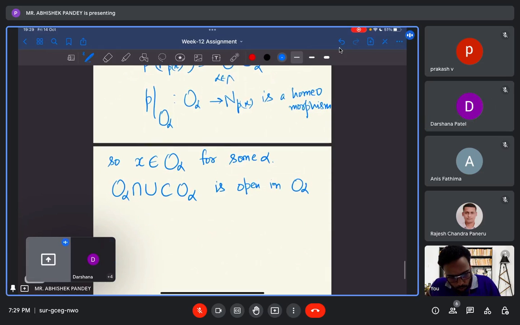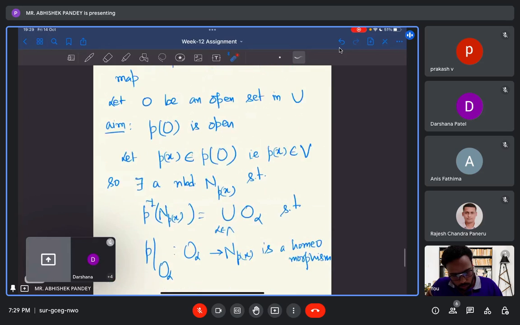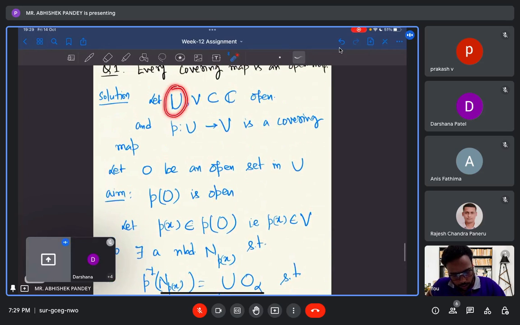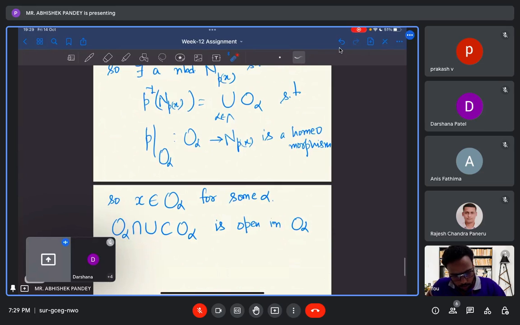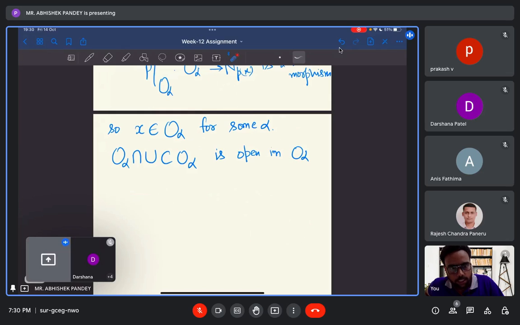So basically O alpha intersection U: this is your U, and this is O alpha. Once you take O alpha intersection U, this will be a subset of O alpha because of the intersection, and this is open in O alpha, isn't it?